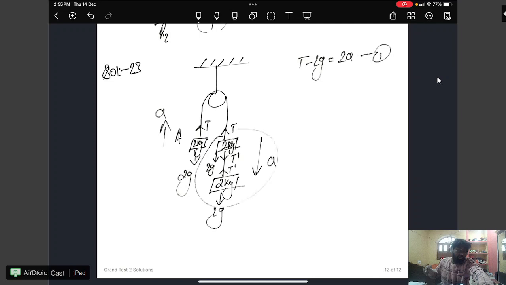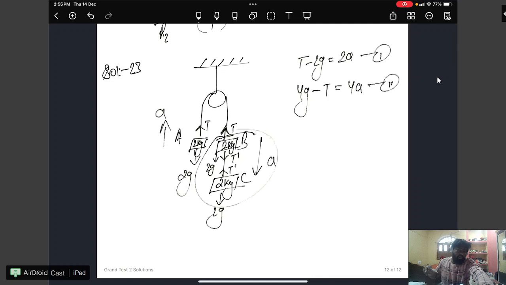B and C combined are 4 kg mass, accelerating downward. So 4g downward minus tension, since only this part is carrying tension, minus T equals 4 times acceleration, equation number 2. If we find the T value, we can immediately find T dash.